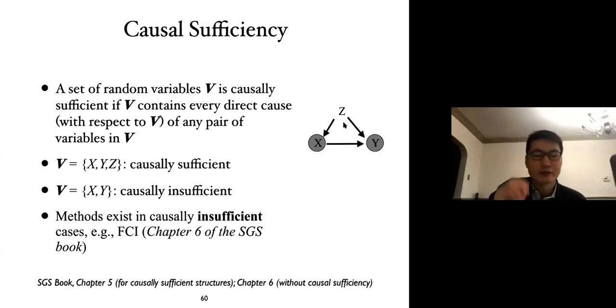So let's just use the direct common cause. And then we define a confounder as a hidden direct common cause of 2 random variables. So if Z is missing, not included in the set of random variables we are considering, then we can say that Z is a confounder relative to this set of random variables.